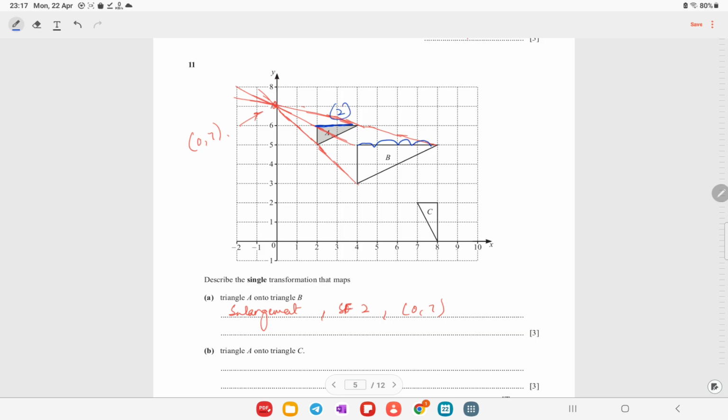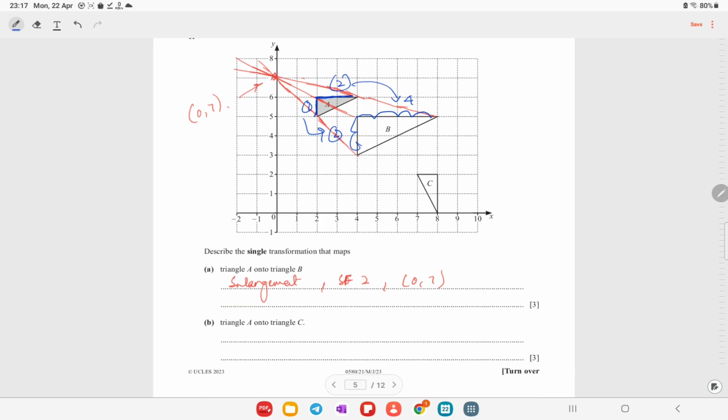So basically 2 is converted into 4, and 1 is converted into 2. If you multiply these terms by 2, this tells you that the scale factor is 2.